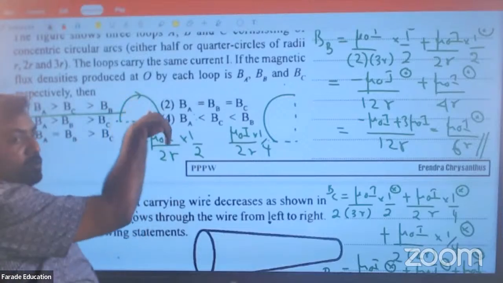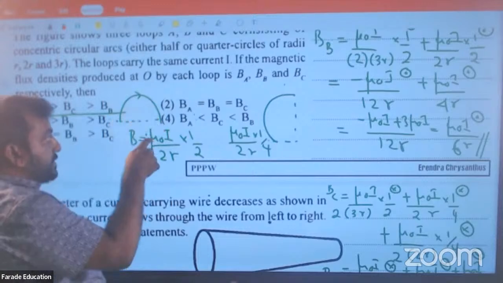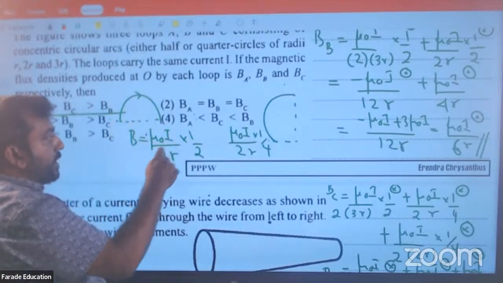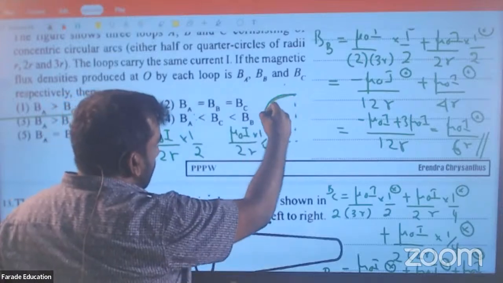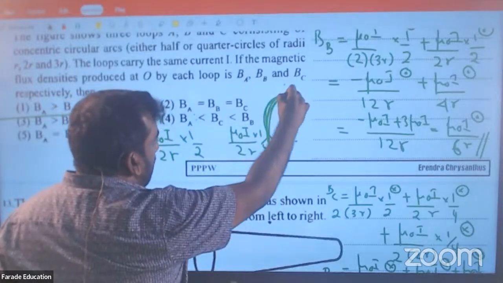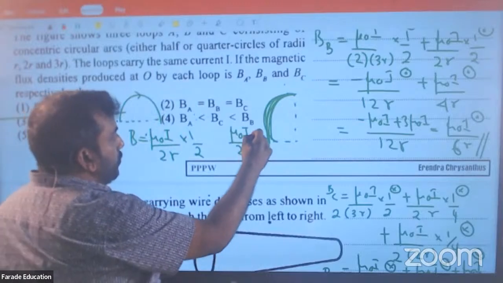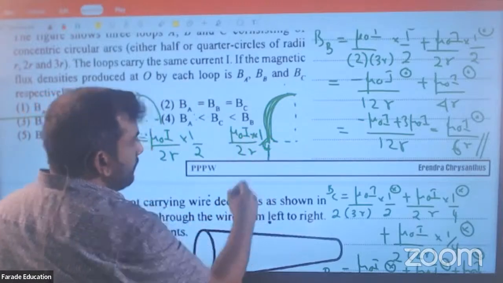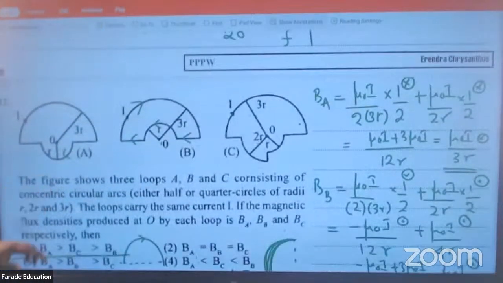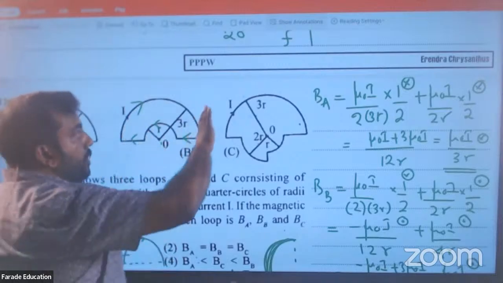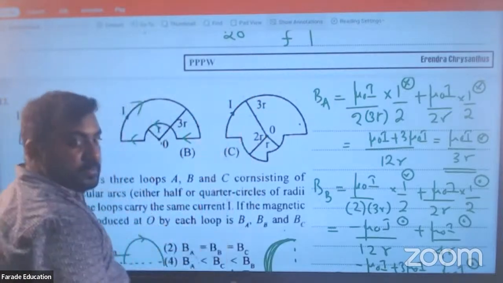So right hand rule: half a circle means mu naught I over 2R times half. Quarter circle means mu naught I over 2R times quarter. If you look at this: half, half, half, half, half, quarter, quarter.